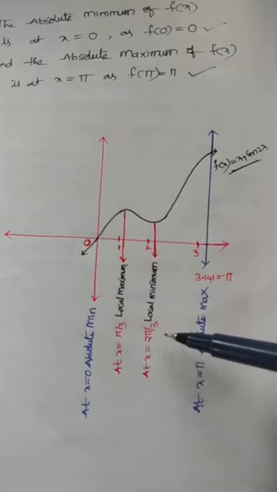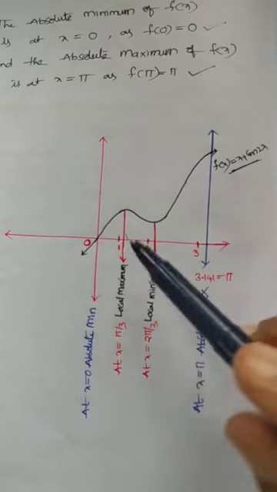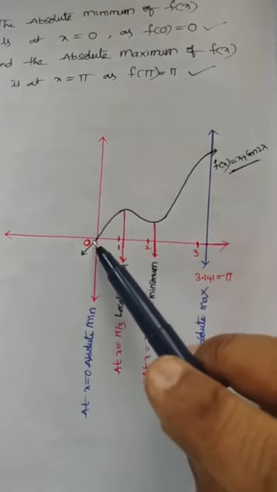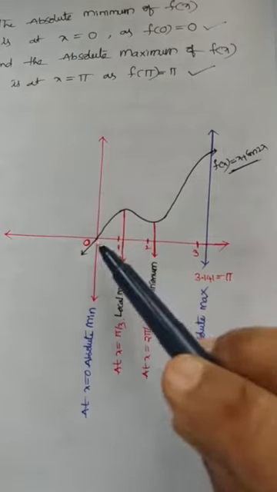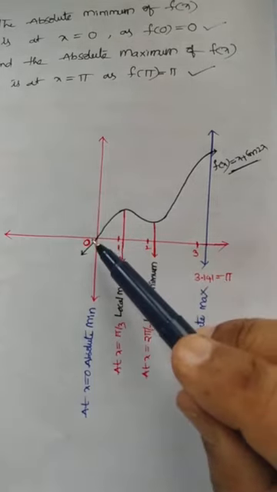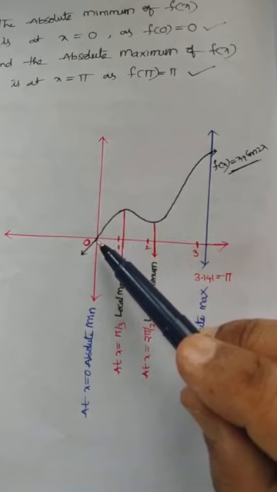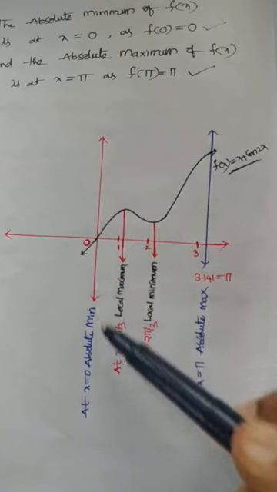Although we need to find the absolute maximum and absolute minimum, here the curve is defined in the interval of 0 to pi. Here the minimum exists at x equals 0.